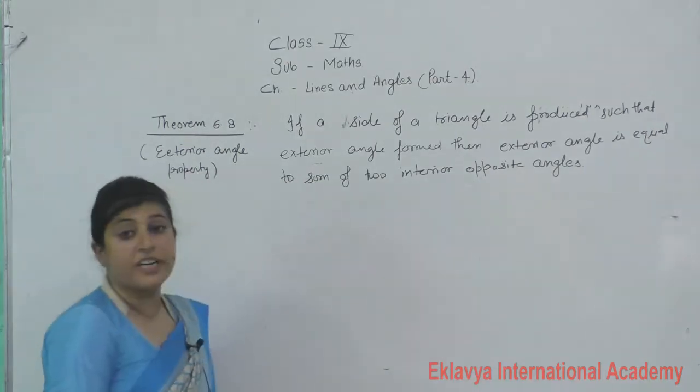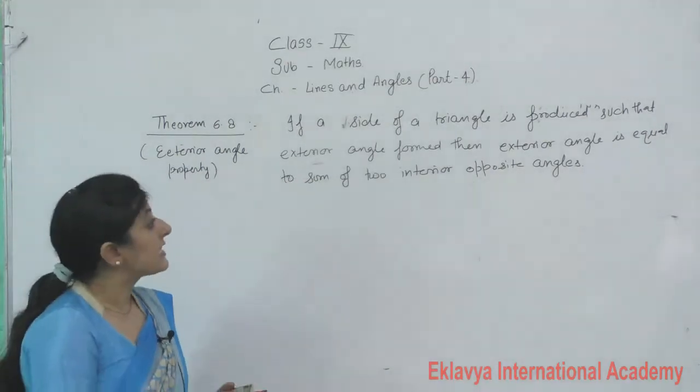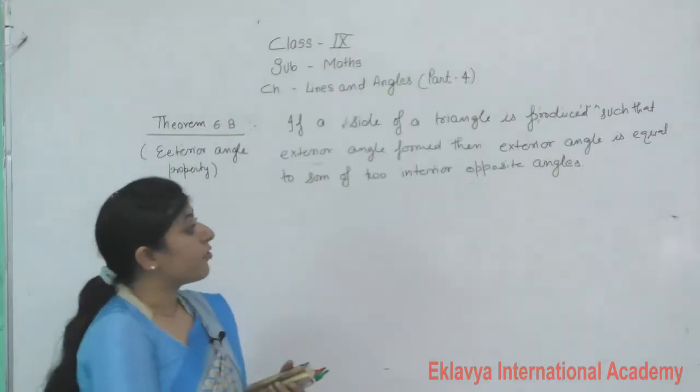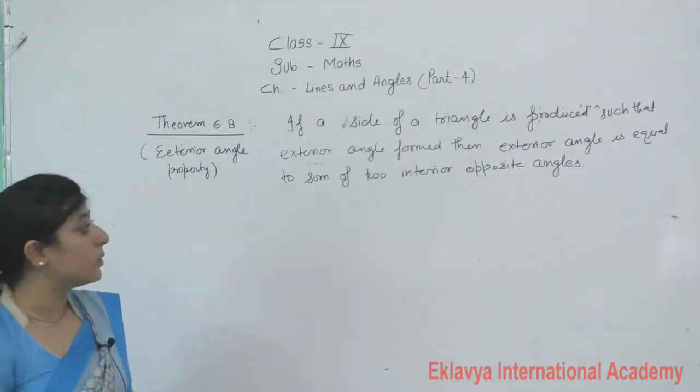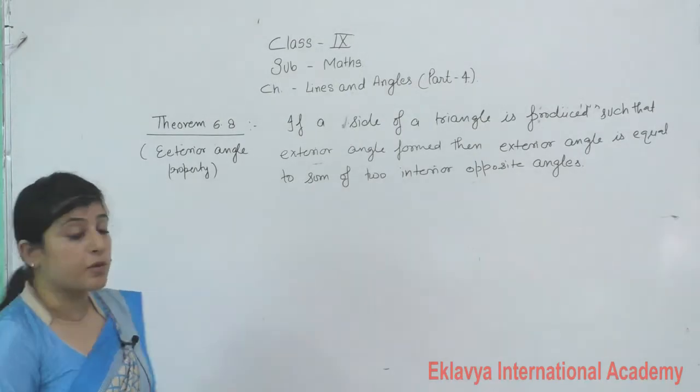If a side of a triangle is produced such that an exterior angle is formed, then the exterior angle is equal to the sum of the two interior opposite angles.